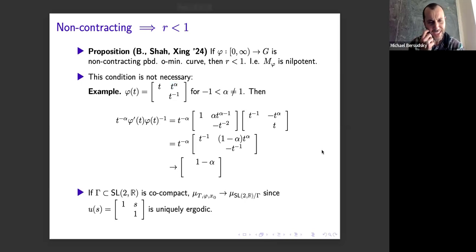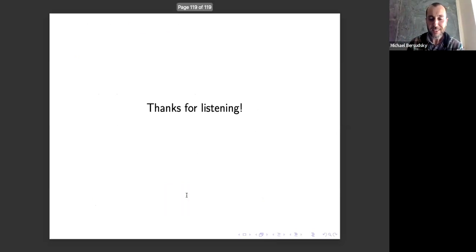And the interesting thing is that if you take a co-compact lattice, then this curve will equidistribute, since the unipotent group is uniquely ergodic in this case when gamma is co-compact. So that's all. I'm happy if you have any questions.